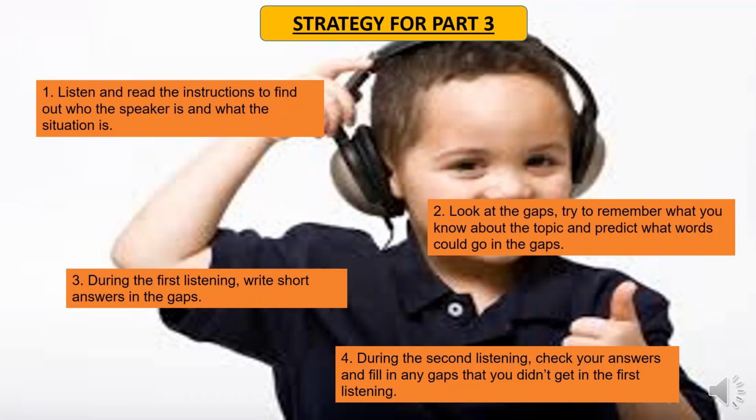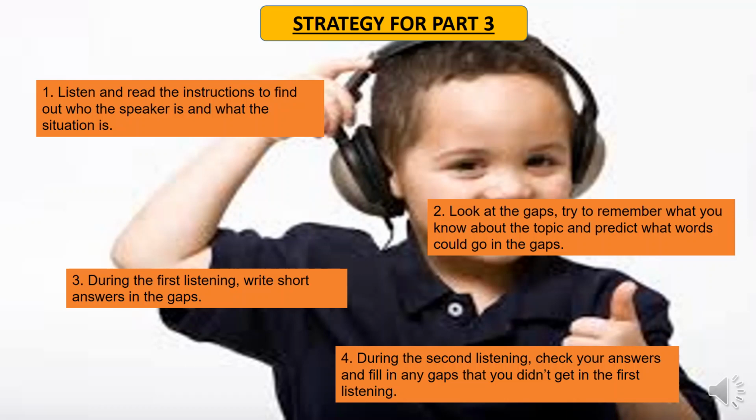Write down exactly what is said on the recording. Don't change the words. If there are numbers to write, use figures, not words. It is quicker and it will also save you from mistakes.